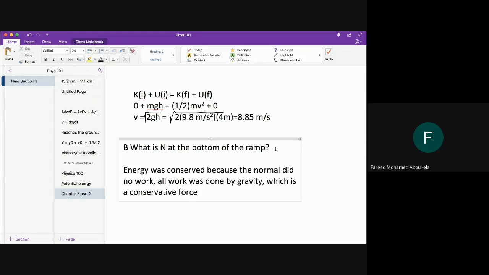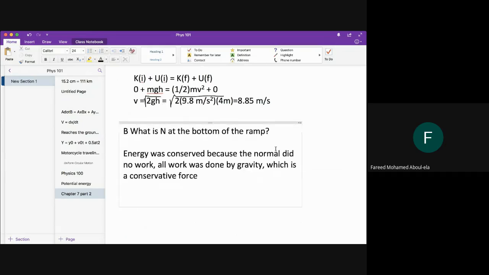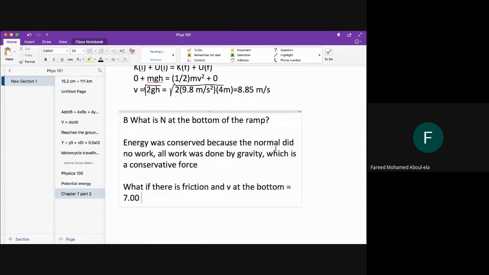Okay, but now what if there is friction? That is, what if there's a non-conservative force, like friction? And v at the bottom is equal to 7 meters per second.